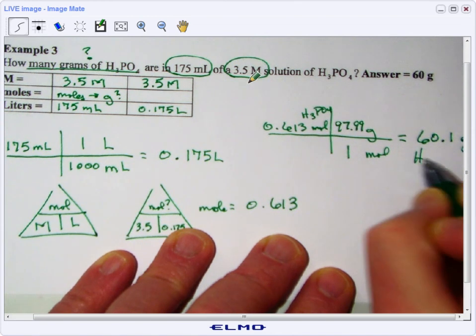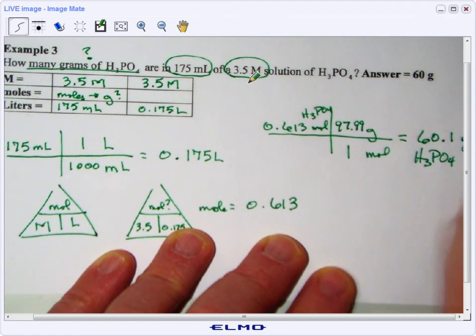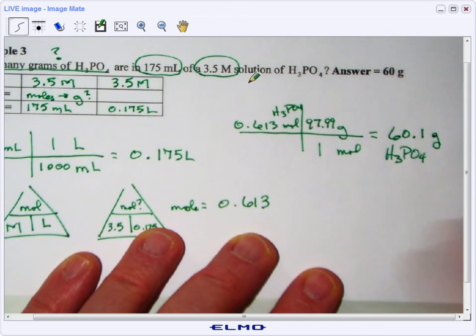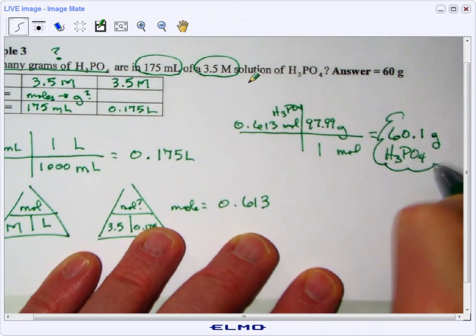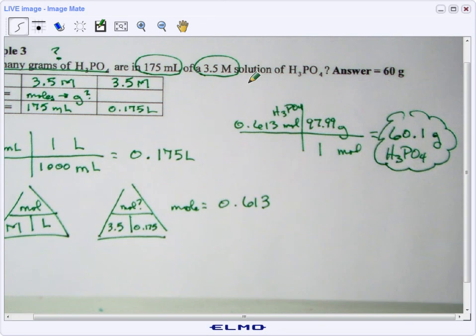Grams of H3PO4. Whoops, ran out of space there, didn't we? So that kind of covers almost everything. I might end up having to find liters sometime, but that's just a procedure that I want you to try to follow.